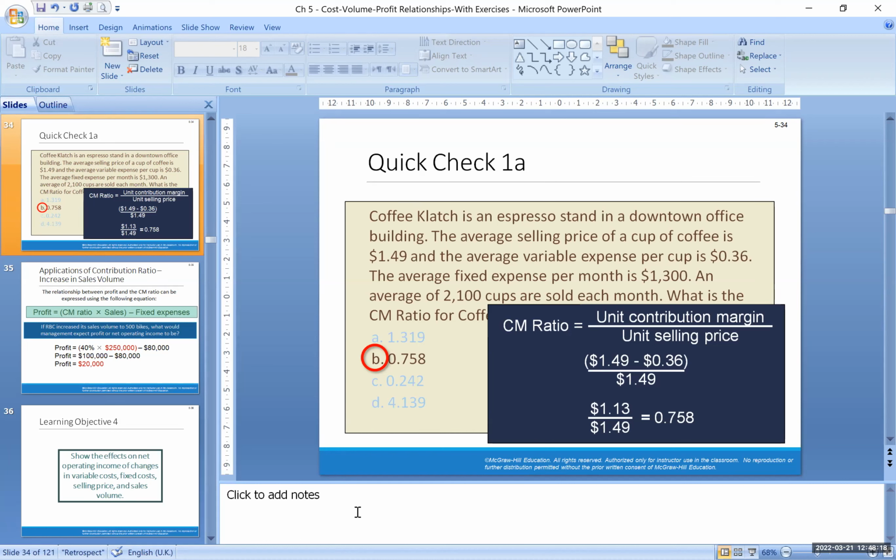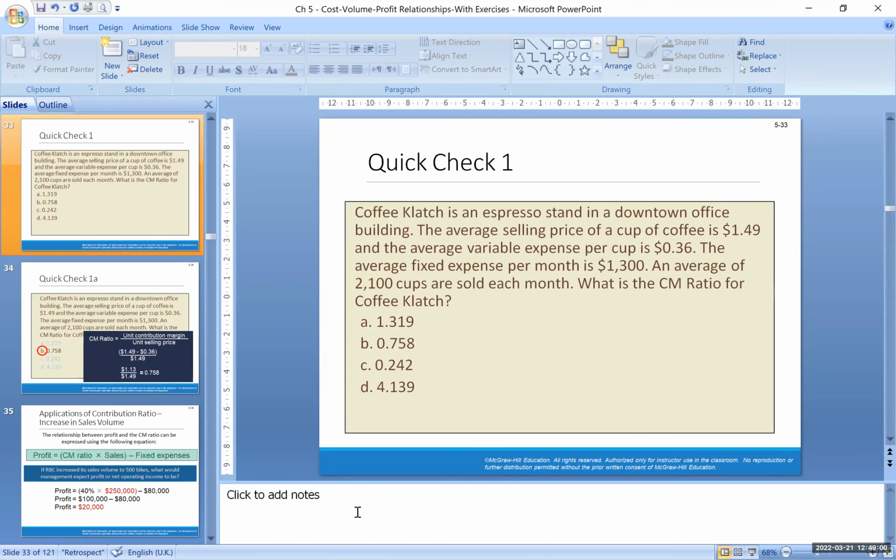So the contribution margin ratio equals price minus variable cost per one, all divided by the price. So 1.49 minus 0.36, all divided by 1.49, and the answer will be 0.758. This will be the contribution margin ratio.